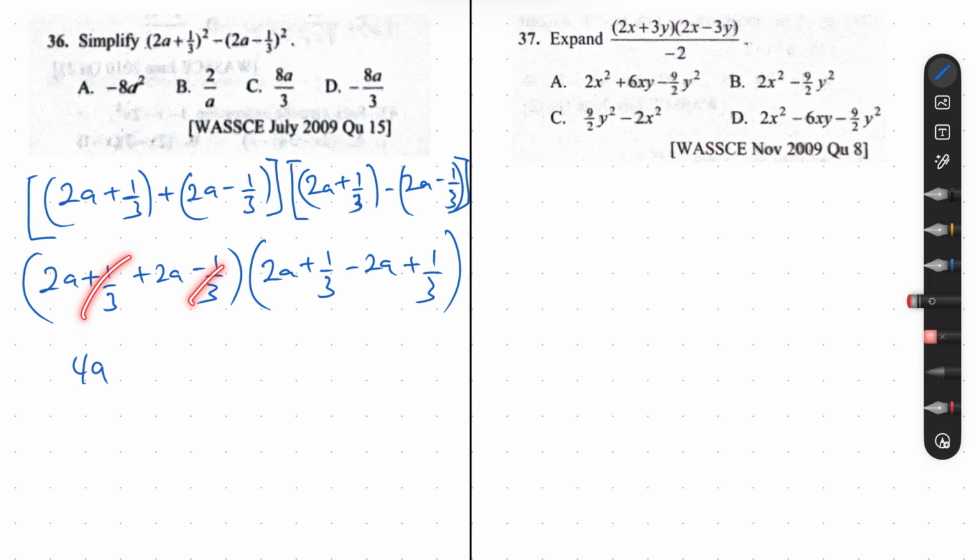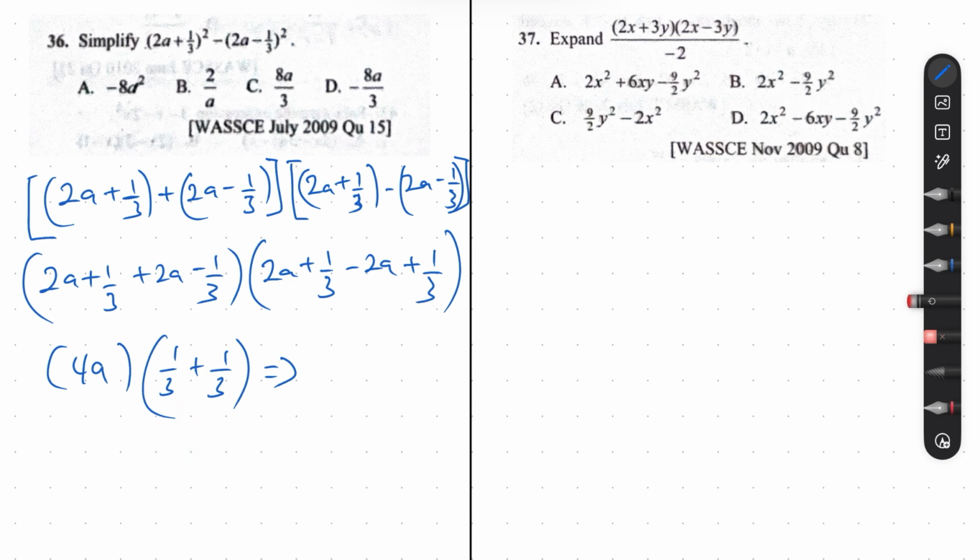Okay, that's it. And then on the other side, let's put this in the bracket. On the other side, we have 1 over 3 plus 1 over 3. This 2a minus 2a is what? 0. And then 1 over 3 plus 1 over 3 gives us what? 2 over 3.